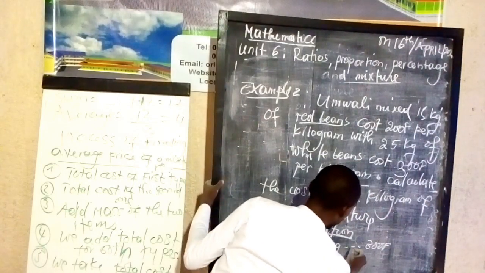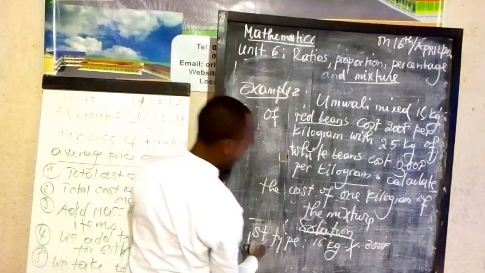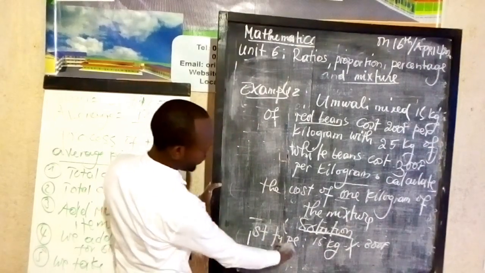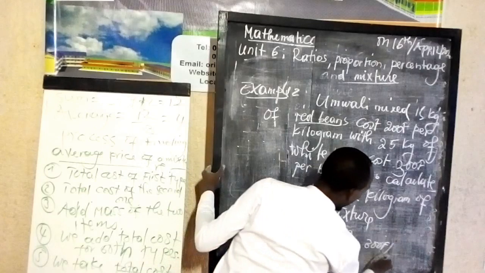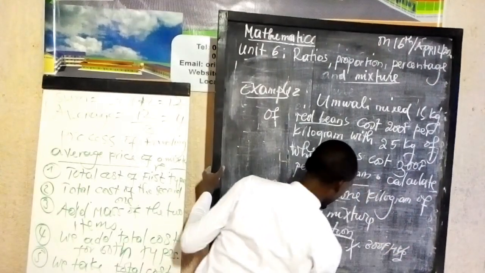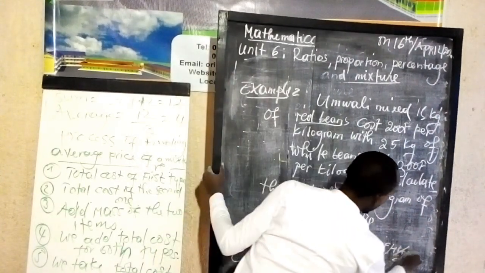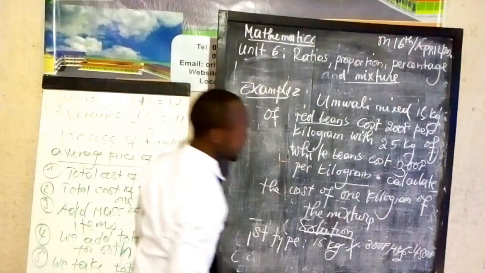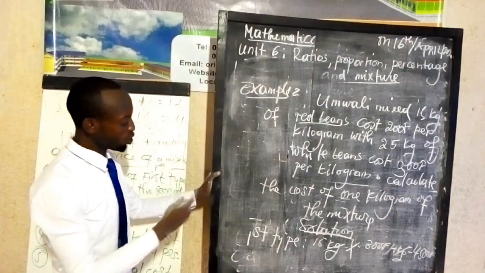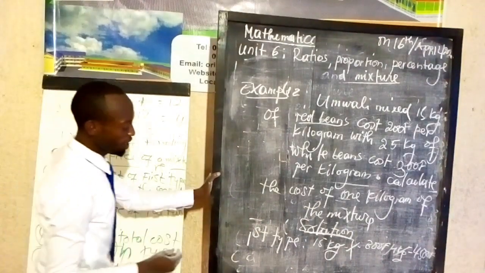Then we are going to find the total cost of these. The total cost of the first type is equal to 15 kilograms times 200 francs per 1 kilogram. By simplifying kilograms by kilograms, the answer we get is 3,000 francs. That is the total cost of the first type of beans.